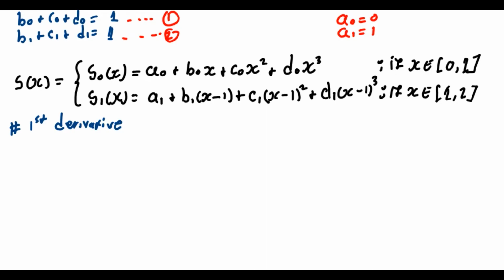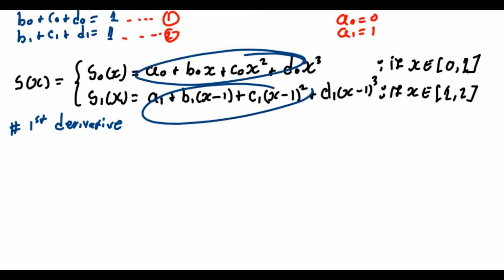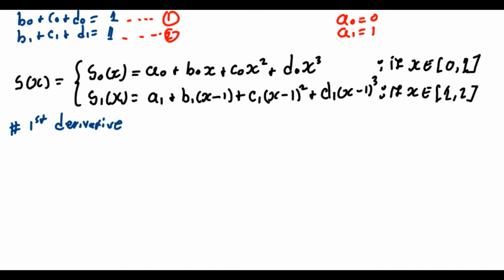This first derivative is applied at the point of intersection, the point at which these two are intersecting. They're intersecting at 1. So that's where I need to apply the first derivative.